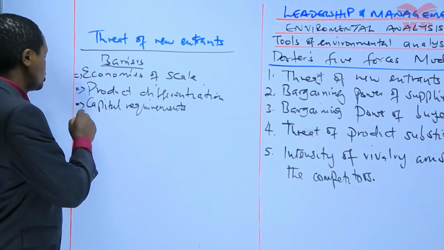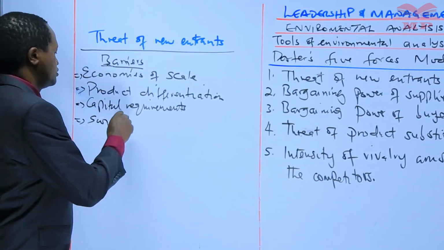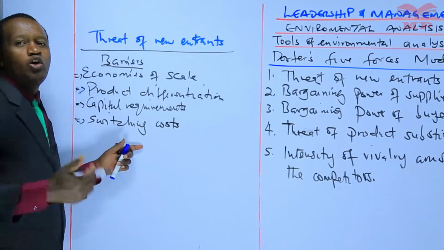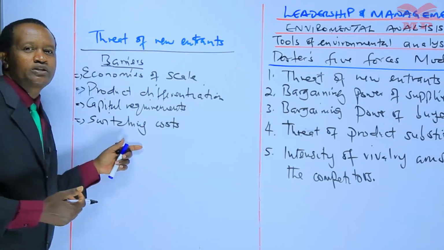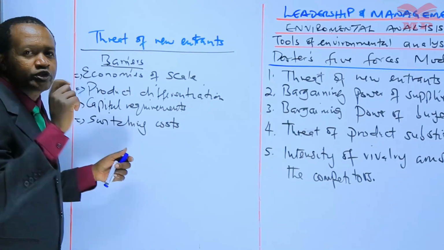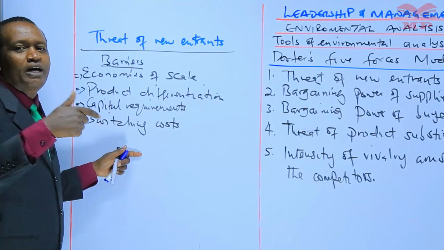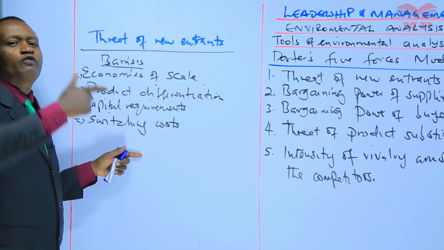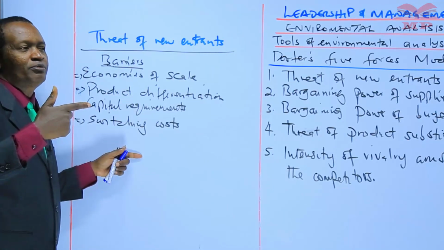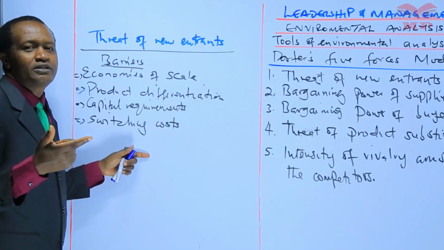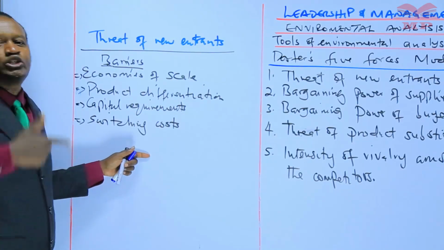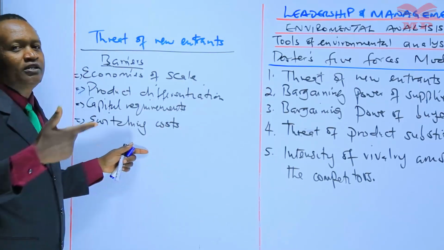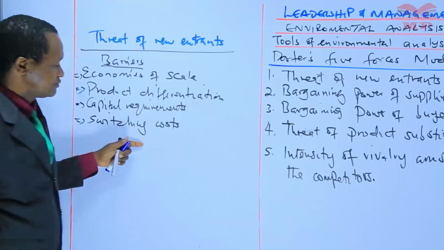Then there is what we call switching costs. Now, switching costs are the one-time costs customers incur when they buy from a different supplier. The cost of buying new, for example, auxiliary equipment, and the cost of retraining employees may be incurred in switching to a new supplier.